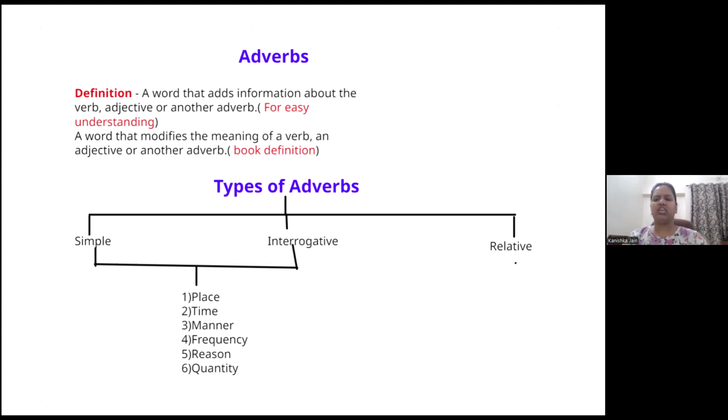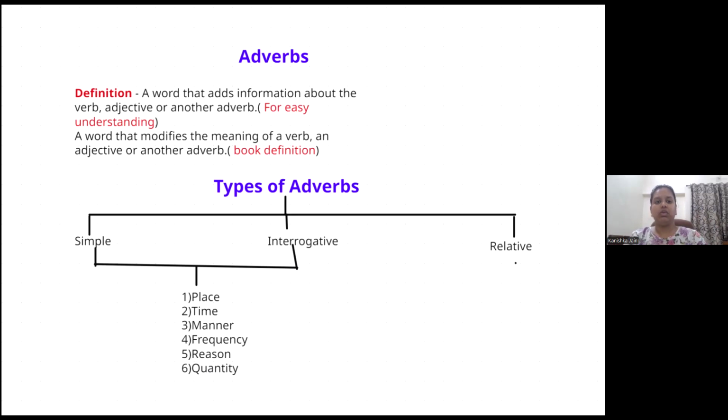Everywhere, nowhere, anywhere: these words describe a place that does not quite exist, but tell you something about the place they are going. Or another way of saying this: where is Delhi? Delhi is near Uttar Pradesh. So near here describes something about Delhi, the place. So when something is described about the place, this becomes a simple place adverb.